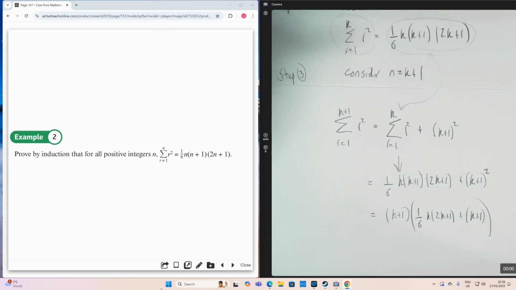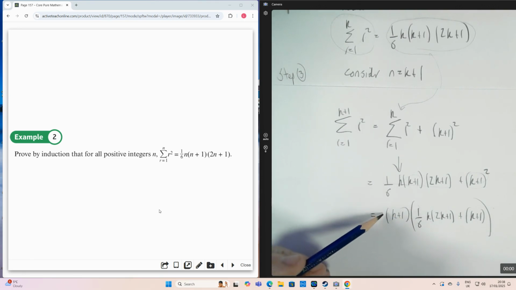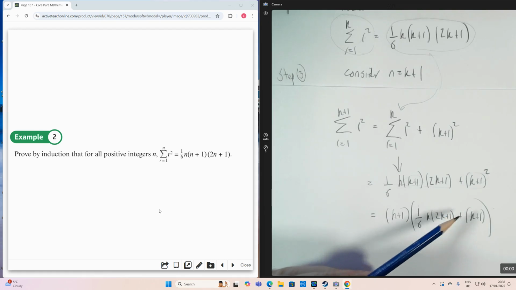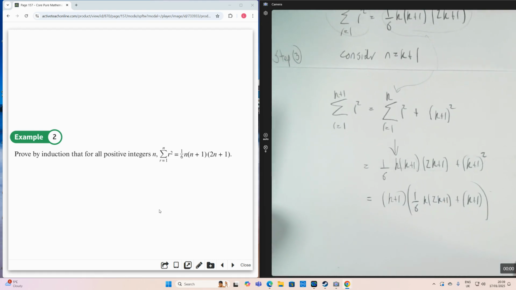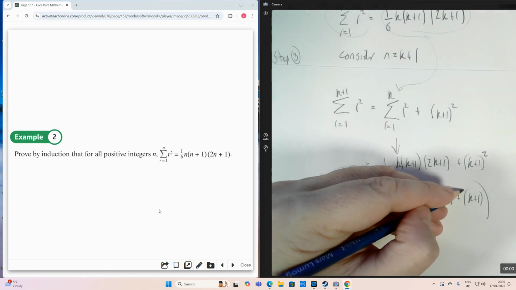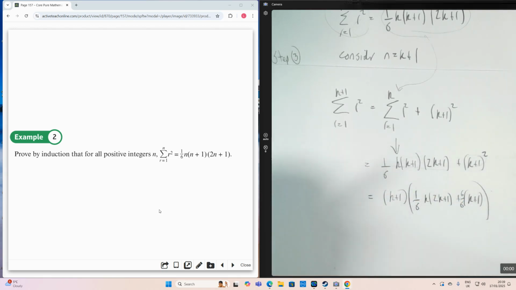Now, I'm going to use a sneaky little trick here. Because our formula starts over here with 1/6, it would be nice to take out a factor of 1/6 as well. But we've got a 6 here, and we haven't got a 6 here. So we use a sneaky little trick. We engineer a 6, and the way that we engineer a 6 is by writing 6/6, because remember, 6/6 is 1.